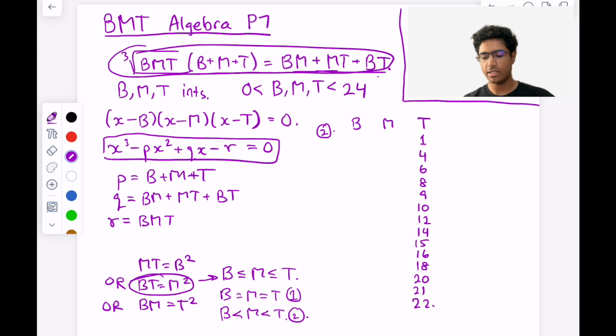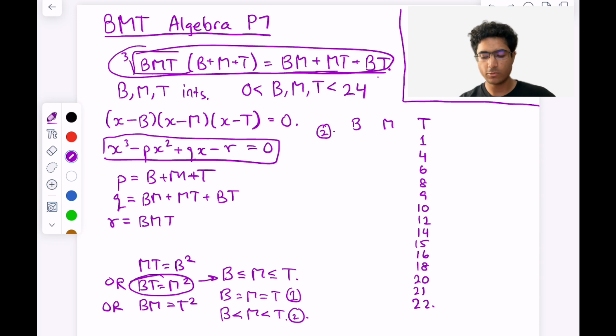We also know that b times t has to be a perfect square, so let's search for those values. For t equals 1, the only value for b that works is 1, but we're not counting that because we're in the second case and not the first case. For t equals 4, we see that b equals 1 does work because 1 times 4 is a perfect square, and we keep repeating this process.